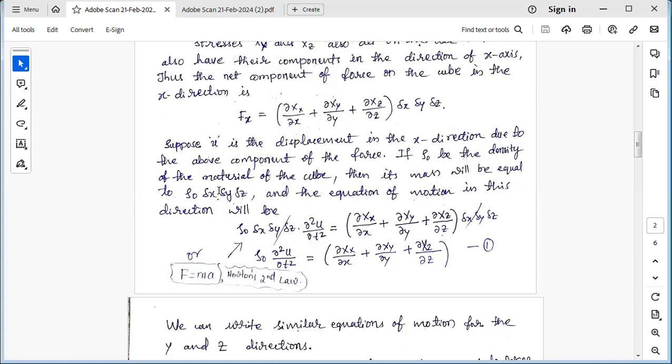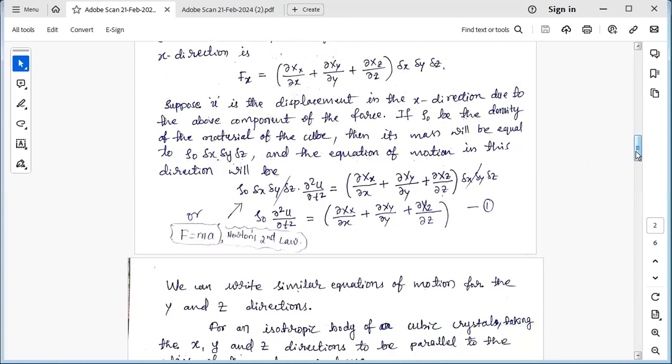And the equation of motion in this case can be written in this way. So rho naught delta x, delta y, delta z into dou square u by dou t square is equal to this.